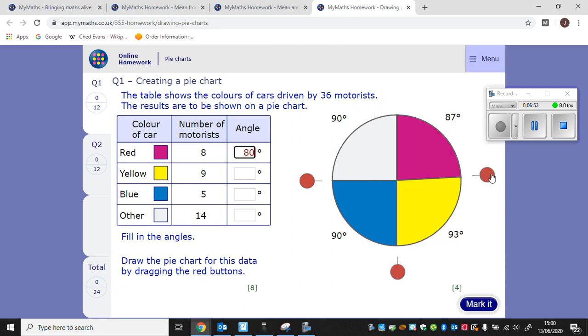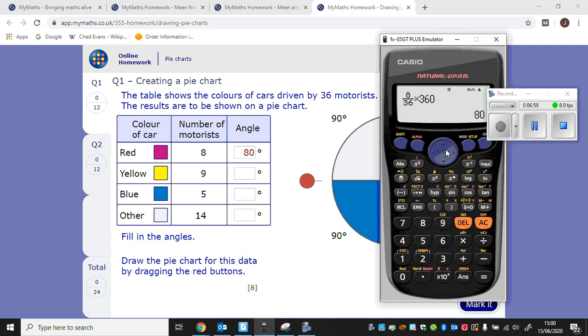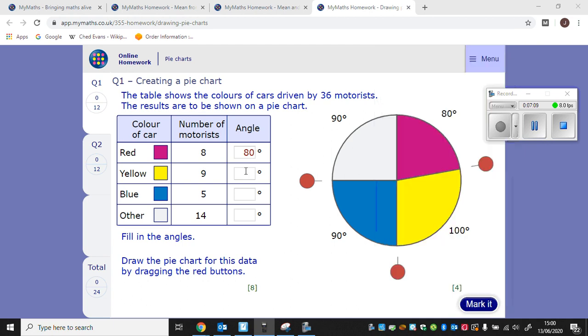So I take this one here and I move the first bit round to 80. I then look at my next calculation. For my next one I'm going to do 9 out of 36, and times that by 360. Easy to do there, and we get 90 with that one, so I'll put 90 there and move this next one round to 90 degrees.